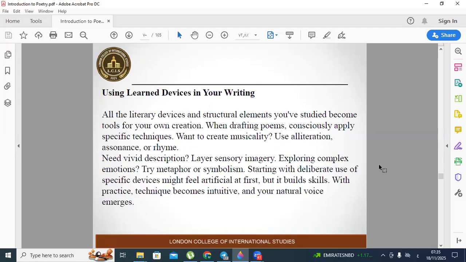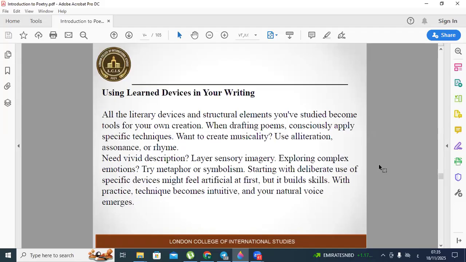Want to create musicality? Use alliteration, assonance, or rhyme. Need vivid description? Layer sensory imagery, appealing to multiple senses. Exploring complex emotions? Try metaphor or symbolism. Starting with deliberate use of specific devices might feel artificial at first.